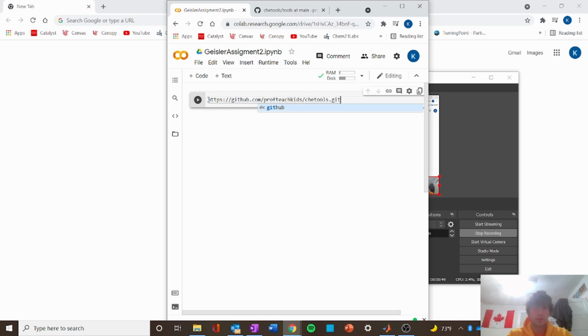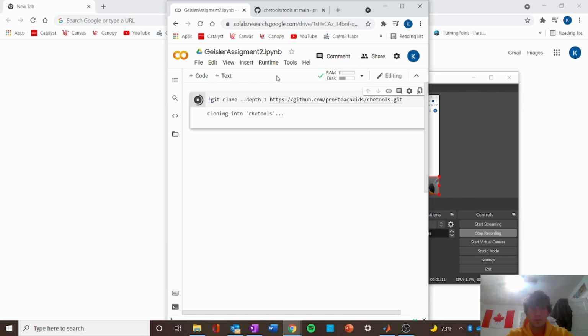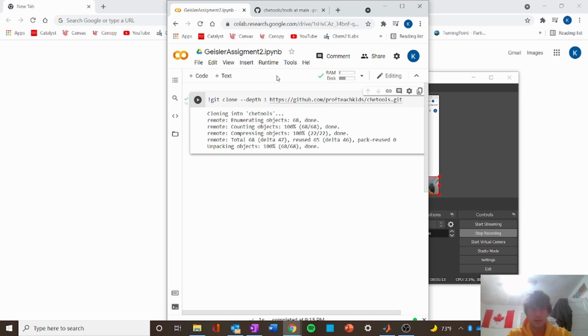We need to say git clone depth of step one, and run, to get our data.